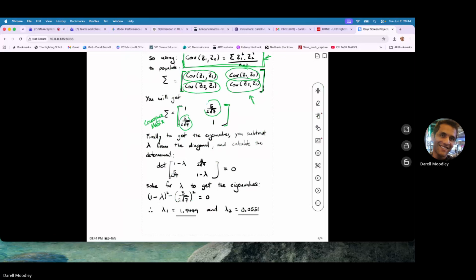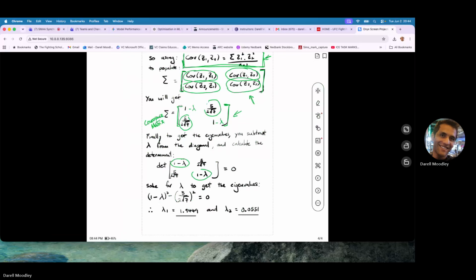Now, finally, to get the eigenvalues, you need to subtract lambda from the diagonal. So I take the same matrix, my covariance matrix, and all I do is subtract lambda from the diagonal, which is why I have this.